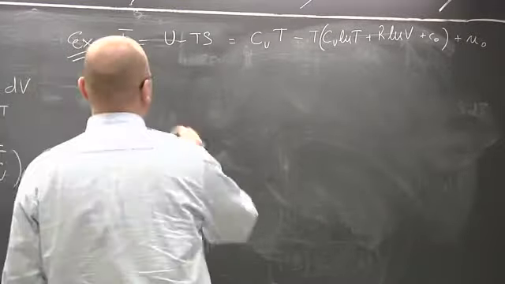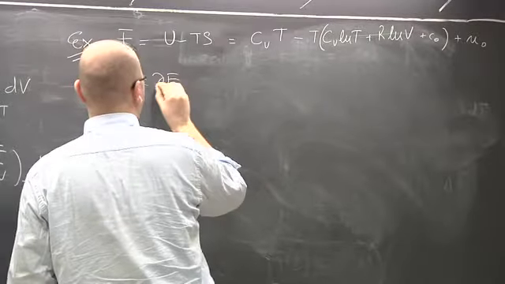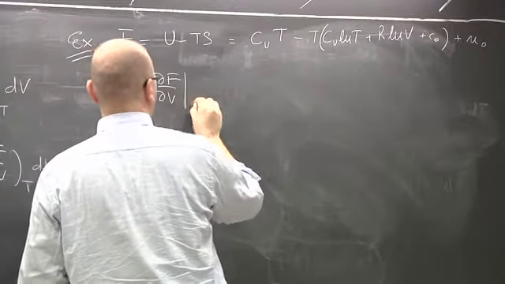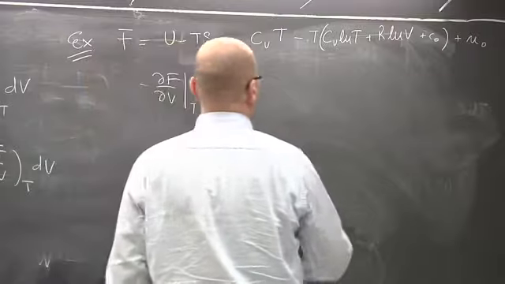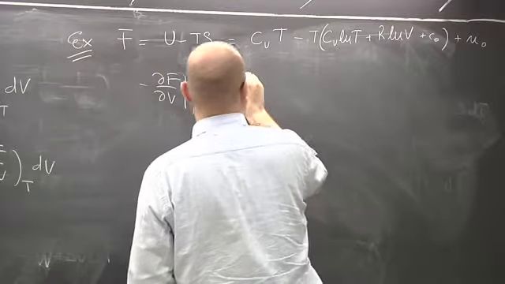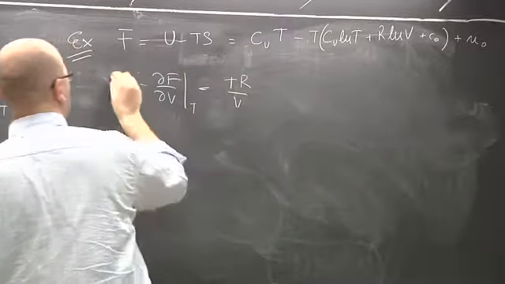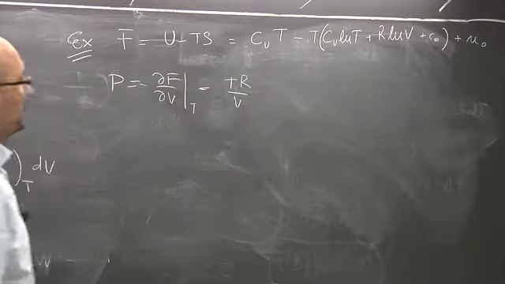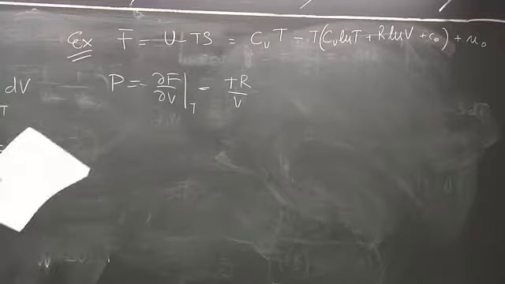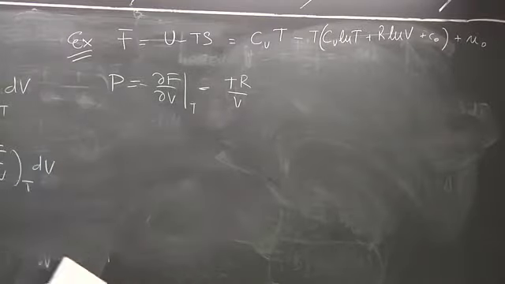And again, if you take minus dF/dV at constant temperature, you find RT over V, and we say that this is the pressure, and so we recover the equation of state of an ideal gas.